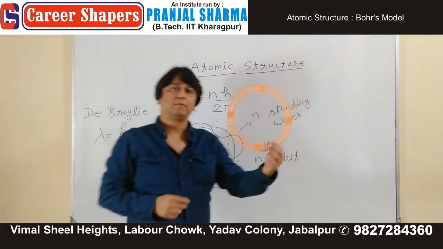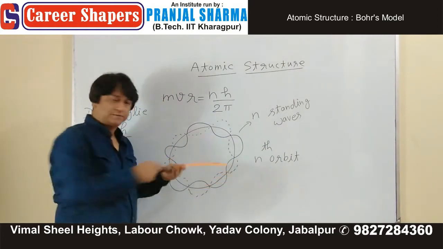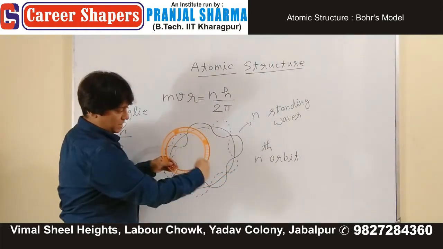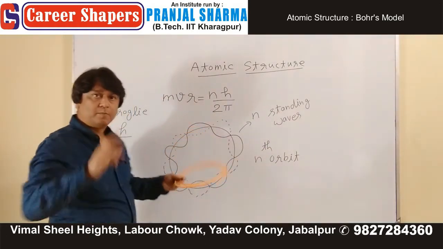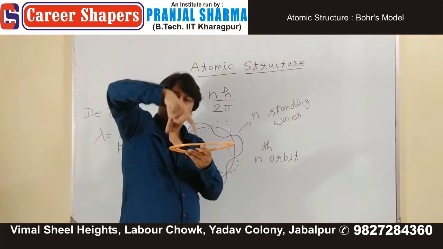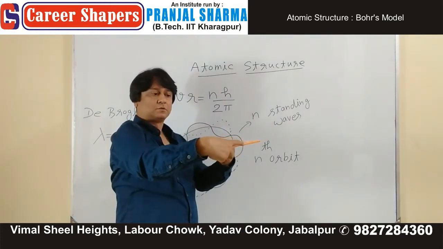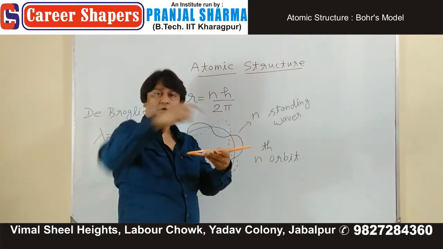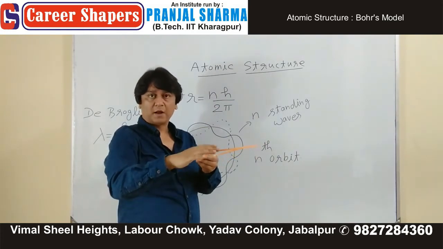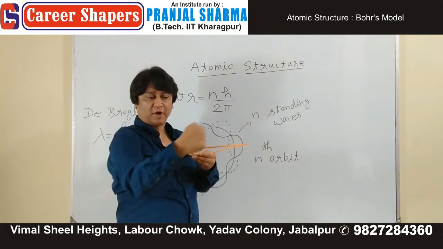Suppose this is the nth circular orbit, then all these waves, they're not of this type. The waves are of this type. So in the nth orbit, this is the standing wave.